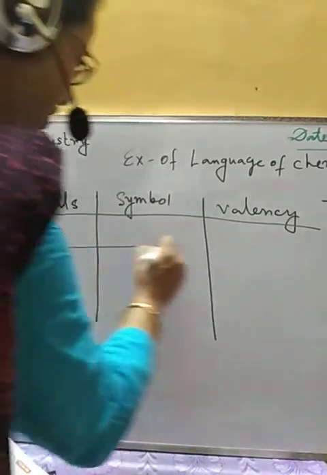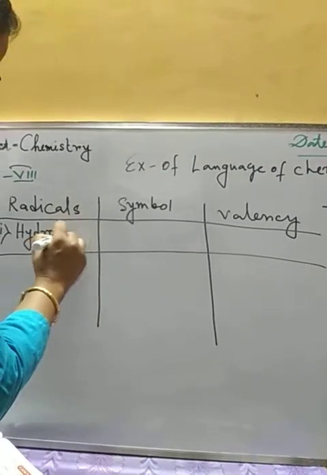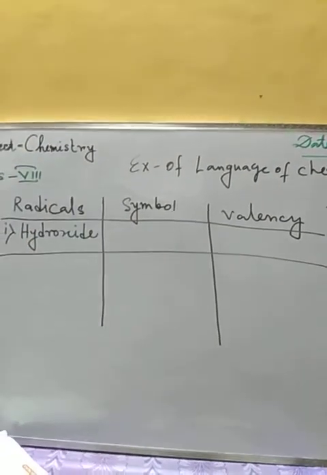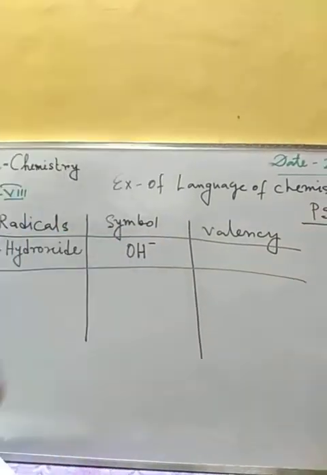Number 1 is hydroxide. Its symbol is OH minus.